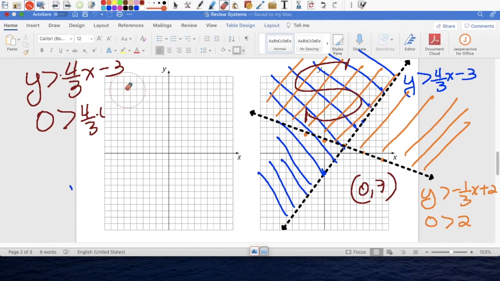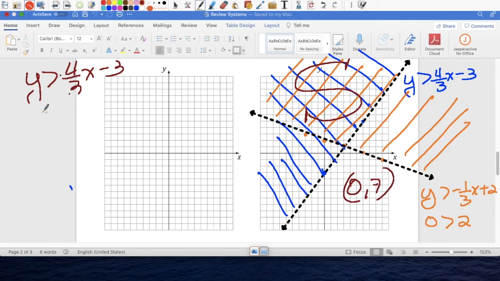I should have picked another number. You know what? Instead of 0, 7, because I don't want to deal with this mix up, I'm going to pick 0, 9. No, that doesn't make any sense. Hang on a second, guys. No, it's actually 0, 7 was just fine.